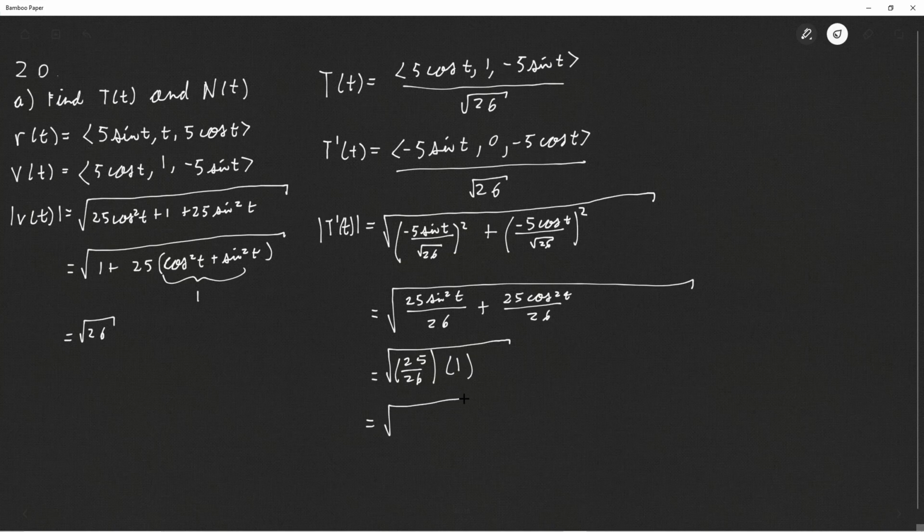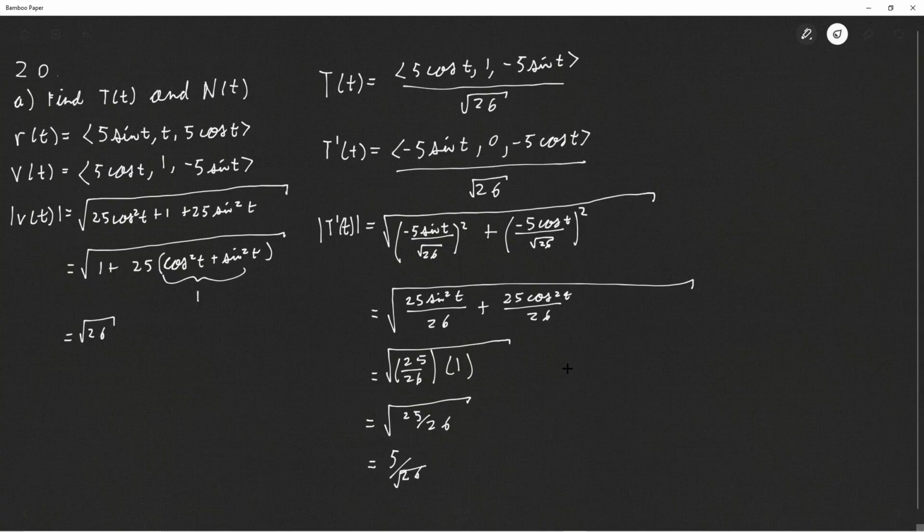So this will give us our final answer of the square root of 25 over 26, which is the same as 5 over the square root of 26.